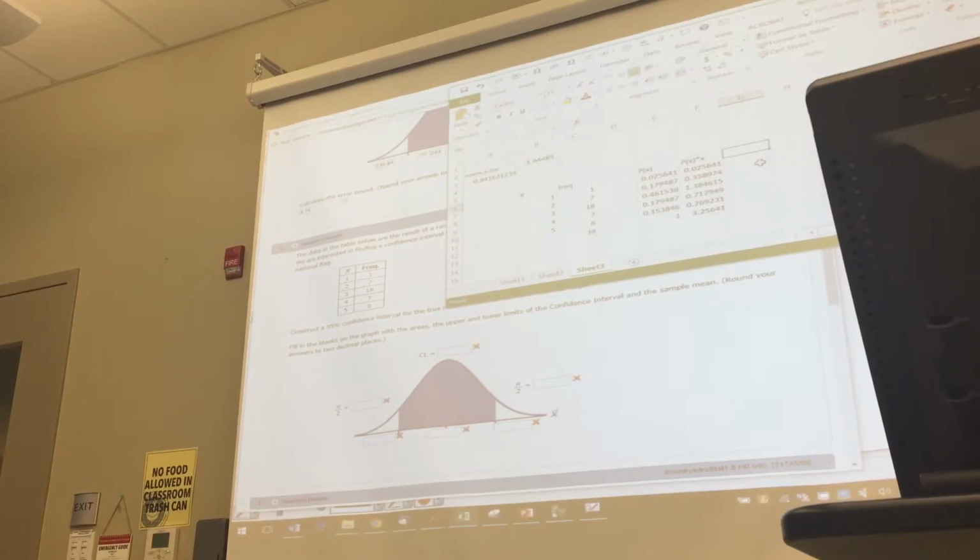So now we need to get the standard deviation. And this is where you take your X minus what?